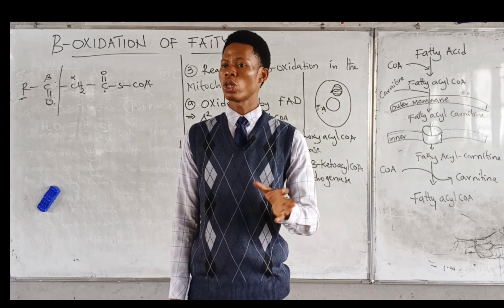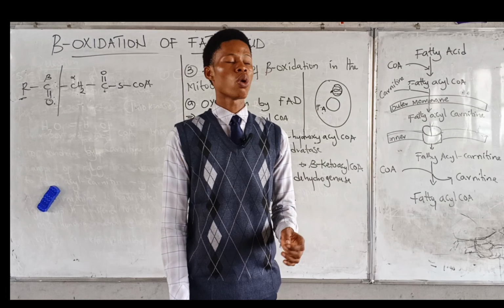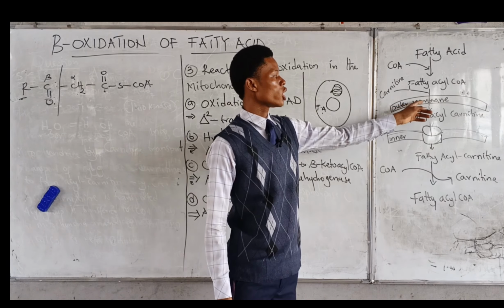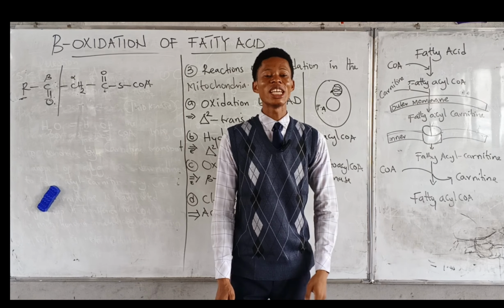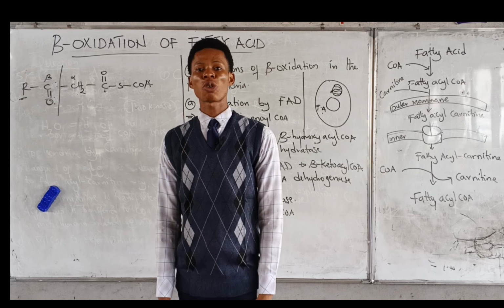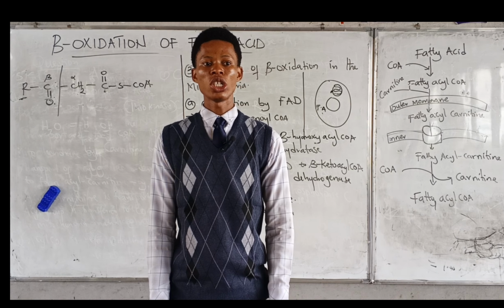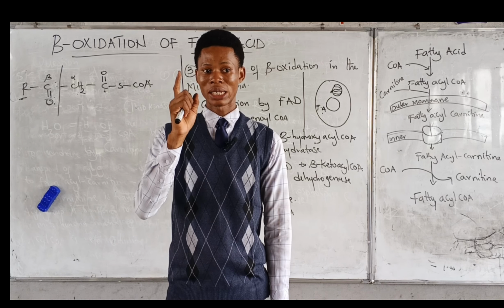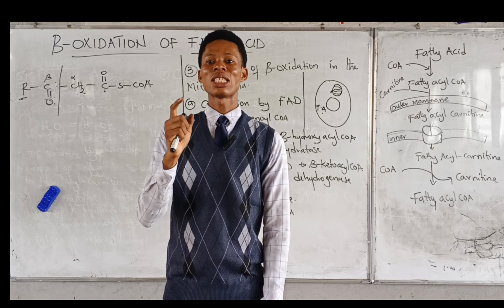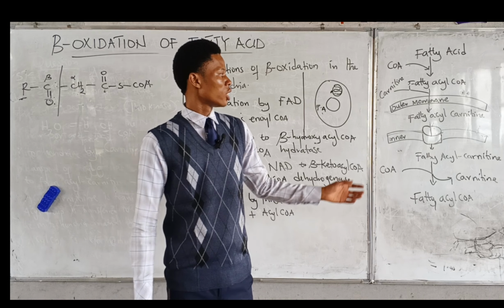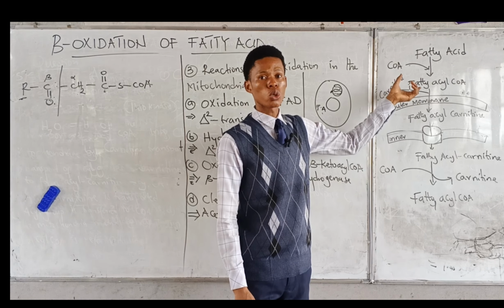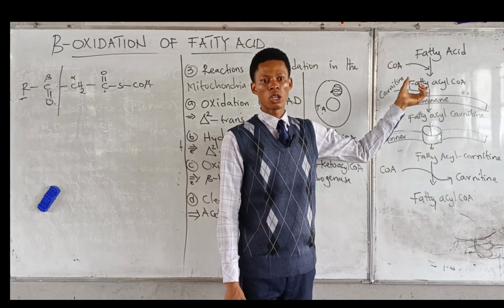Now the fatty acid-CoA has been activated. We want to transport it to the mitochondria, but the walls of the mitochondria are impermeable to it. So we need a transporter, and the transporter we use is what? Carnitine acyltransferase 1. It binds to the fatty acid group to form what?